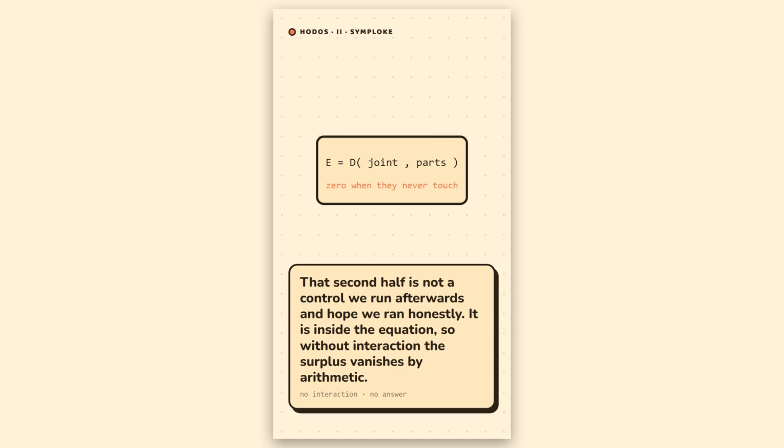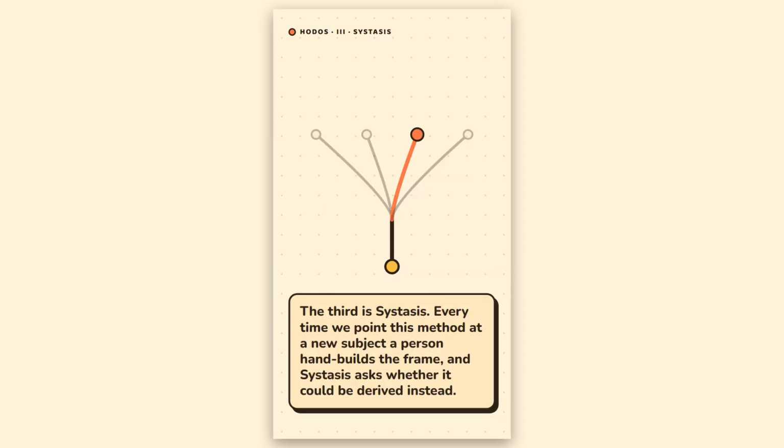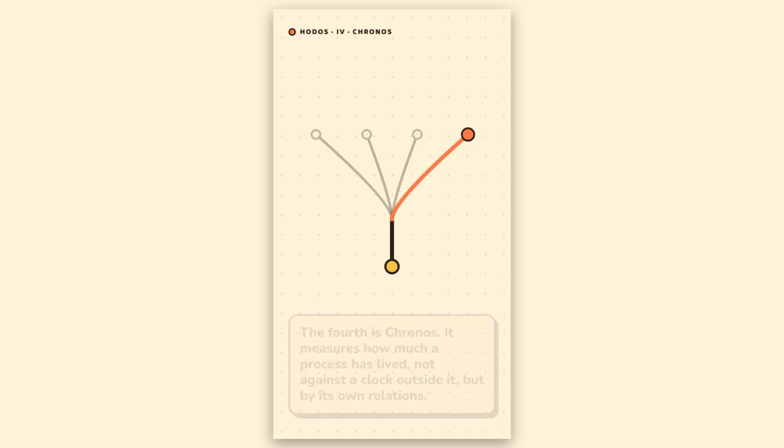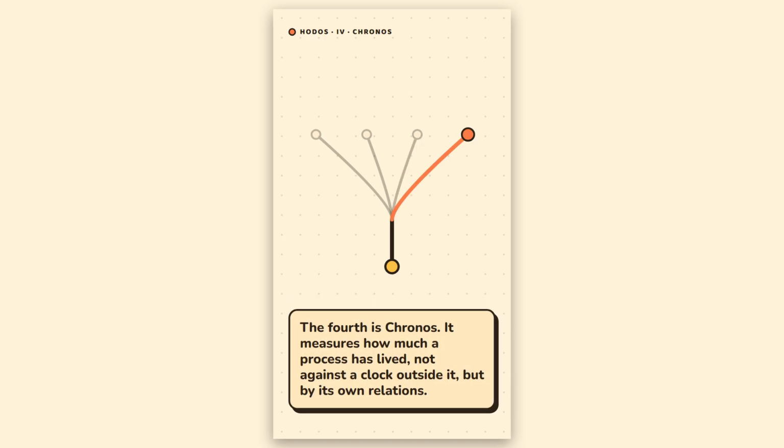It is inside the equation, so without interaction the surplus vanishes by arithmetic. The third is Systasis. Every time we point this method at a new subject, a person hand-builds the frame, and Systasis asks whether it could be derived instead. The fourth is Chronos. It measures how much a process has lived, not against a clock outside it, but by its own relations.